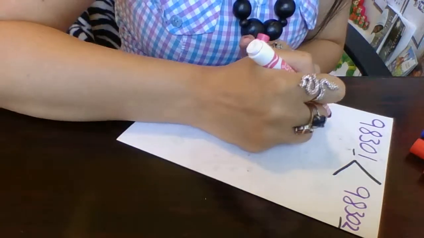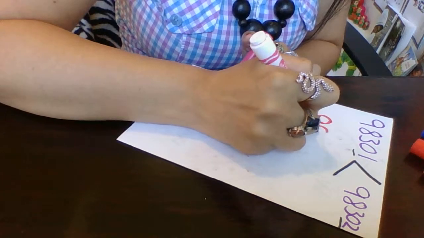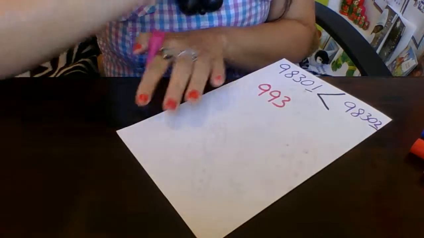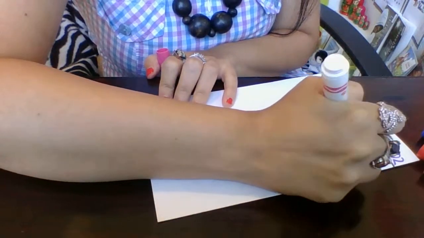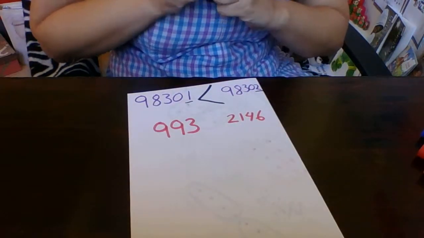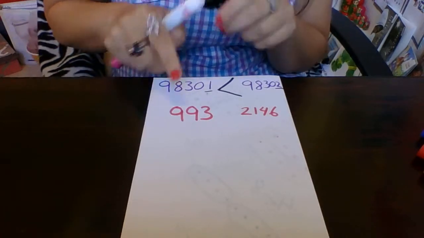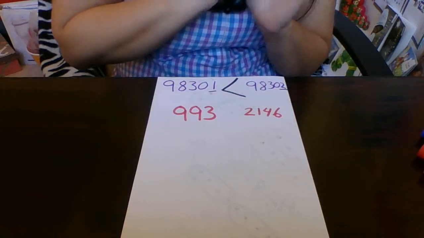If I have the number 993 and on this side I have 2146, you need to make sure you count your digits. 1, 2, 3 digits, 1, 2, 3, 4 digits.